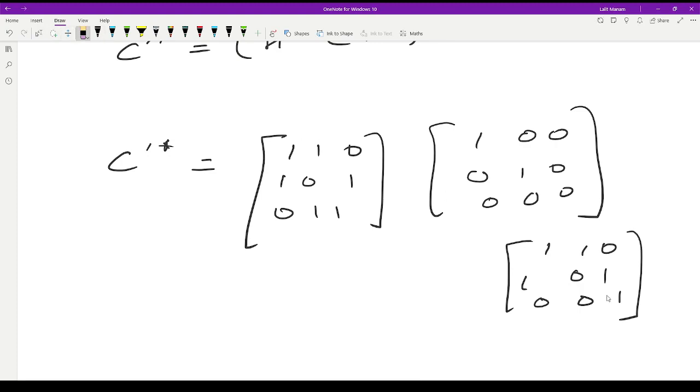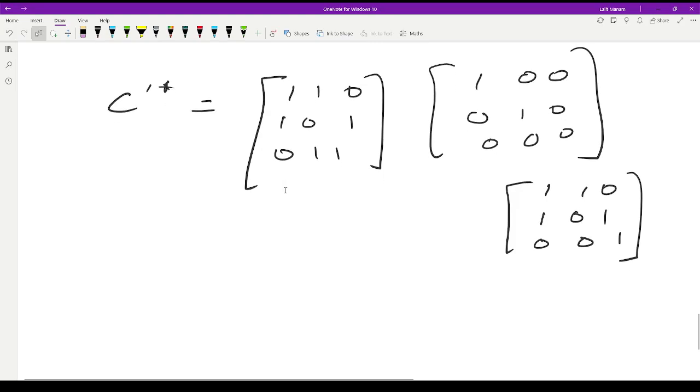Okay, so you can just multiply this and get the answer. That's all there is to this question. We then move on to the next question.